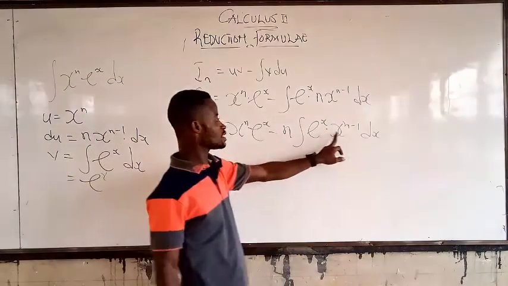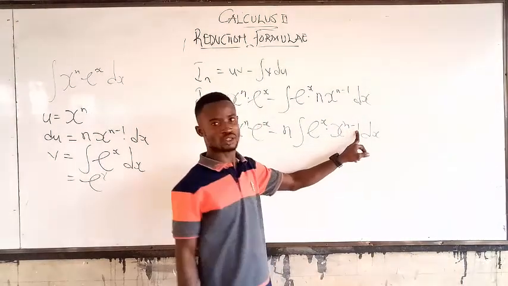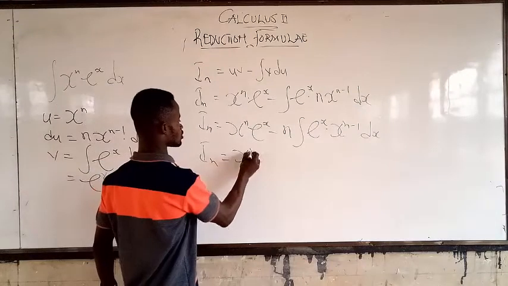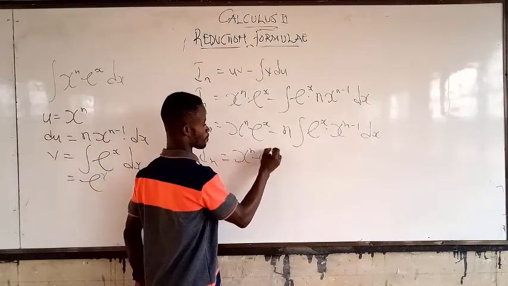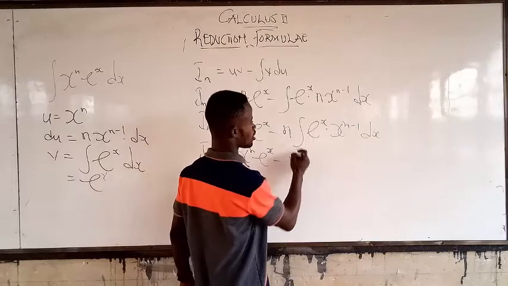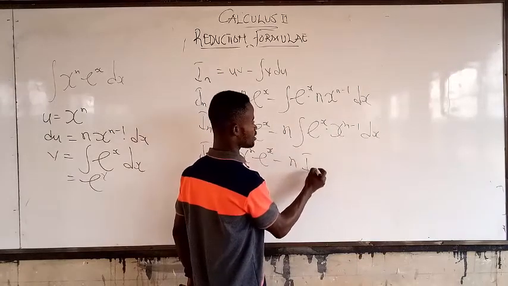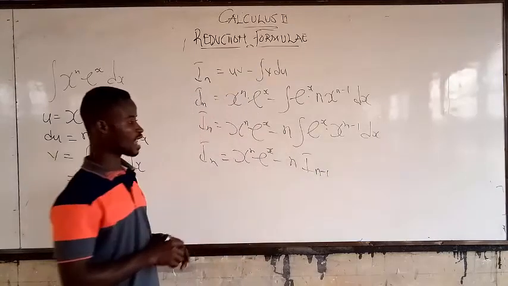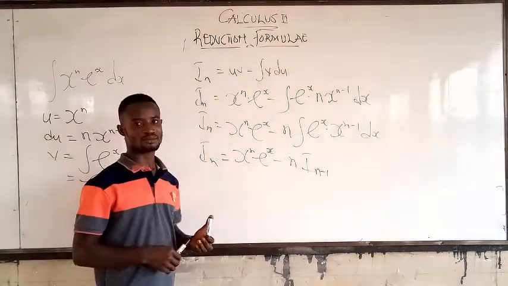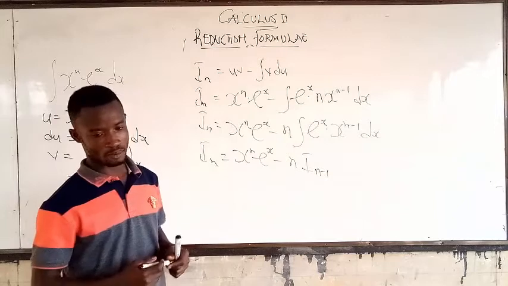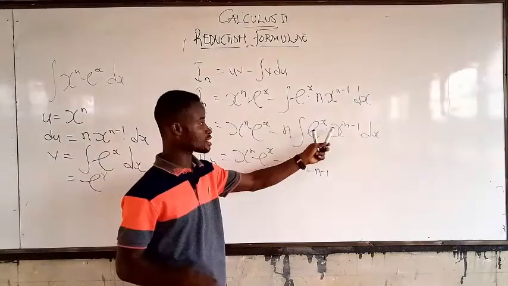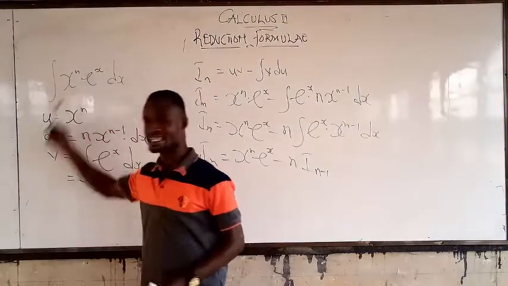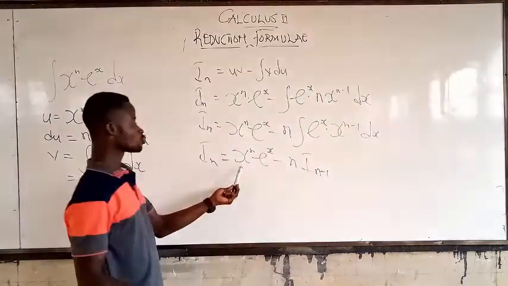Now here is the same as this, but here it is n minus 1. So here we are going to get I subscript n minus 1. So that is the same as what we have here, but here it is In. So this is going to be the formula.